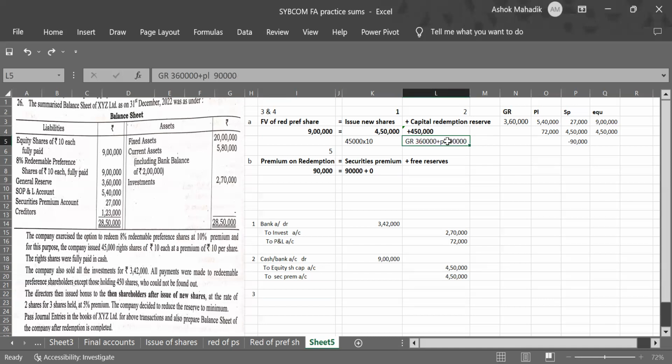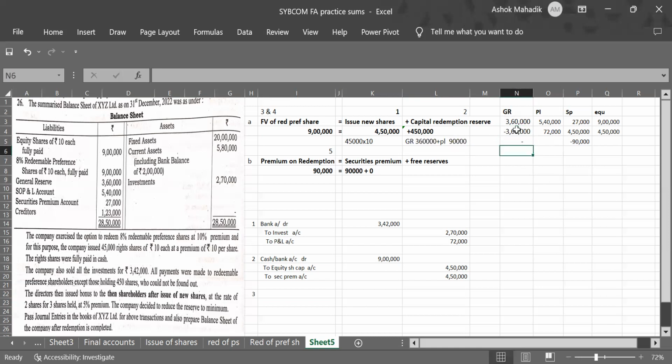Clear, students? So what I'll do: this general reserve became 0 because I used 360. So now the value of general reserve is 0. PNL, I used only 90,000, so I'll just write minus 90,000.